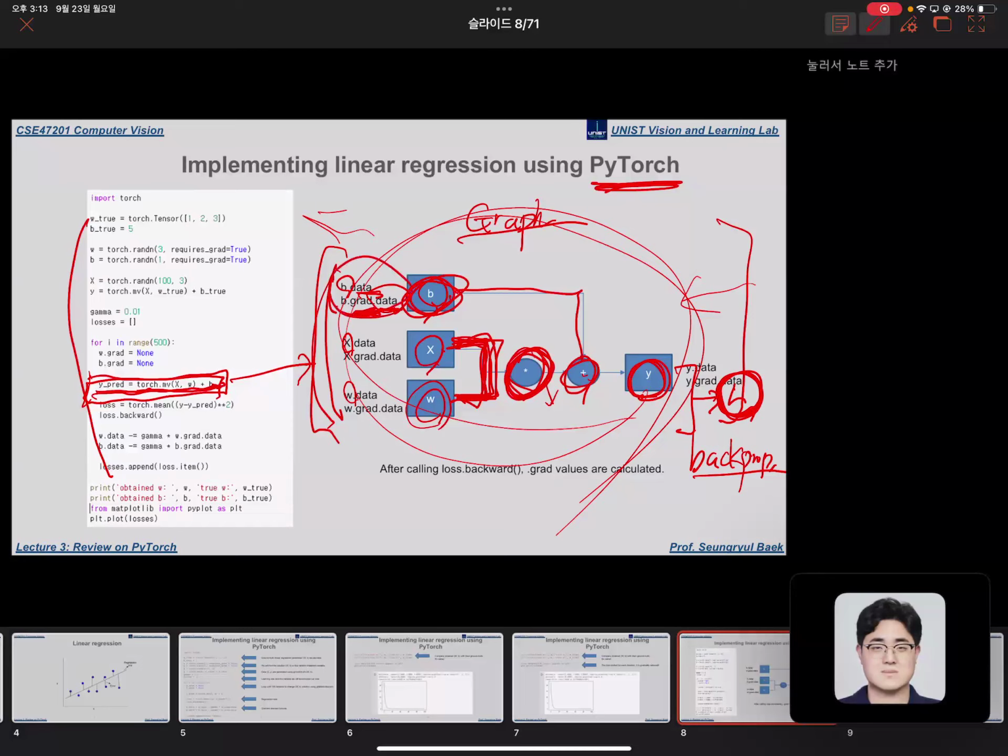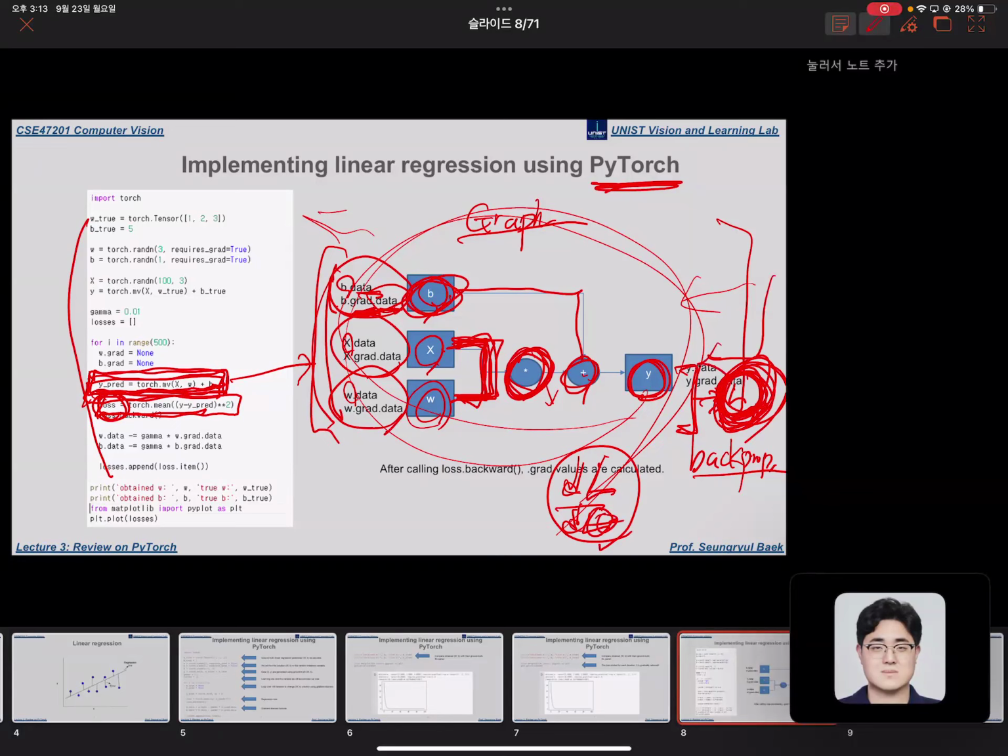So this is the initial variable, and we define our forward rule here, and we also define how the loss is defined using this output. The rightmost node would be the loss L, and given this loss L, we can always calculate this dL by backpropagating through this graph.